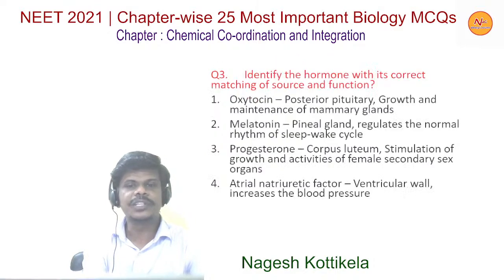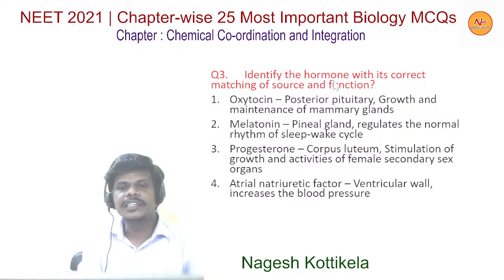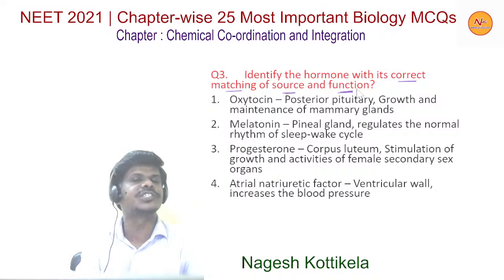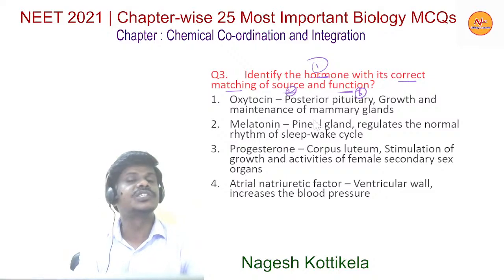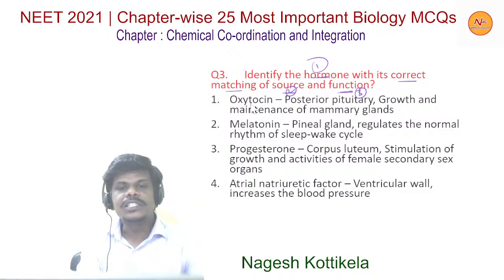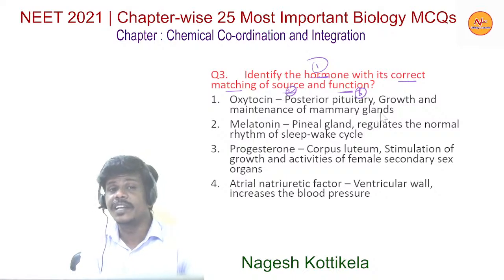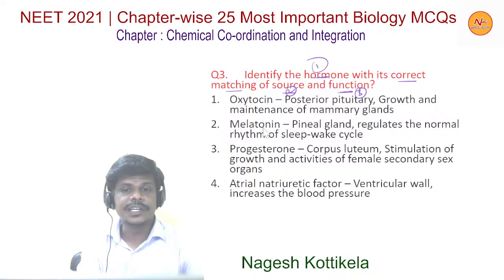Now, moving to the third question, identify the hormone with its correct matching of source and function. So, here the hormone, its source and the function. We have to match these options. Now, oxytocin, here the source is a posterior pituitary and the function growth and maintenance of mammary glands. Second option, melatonin.